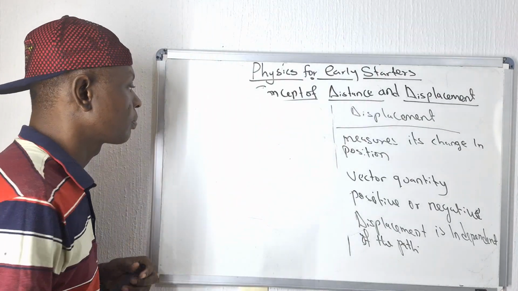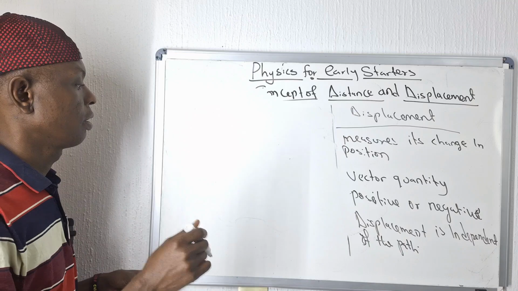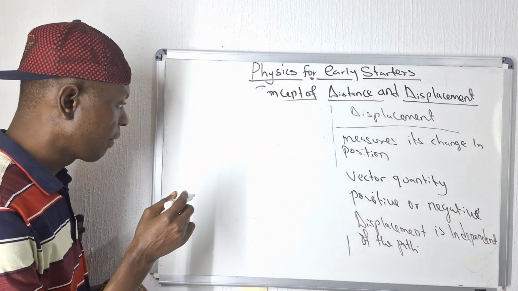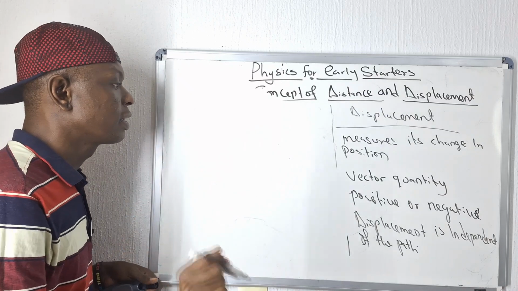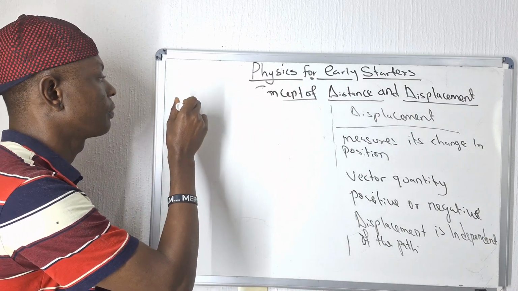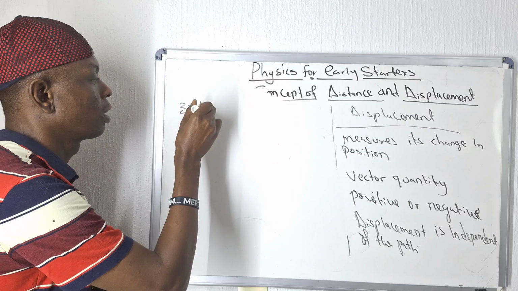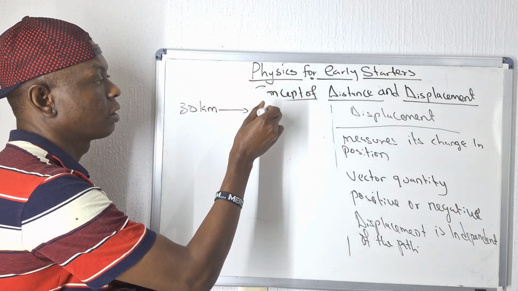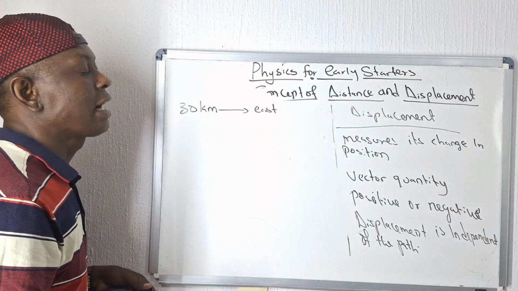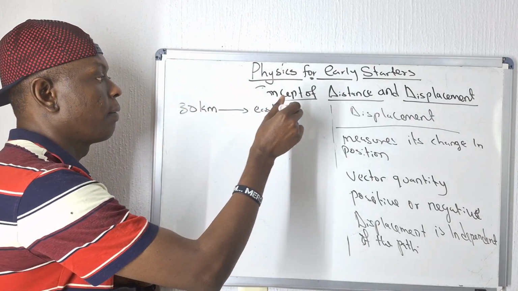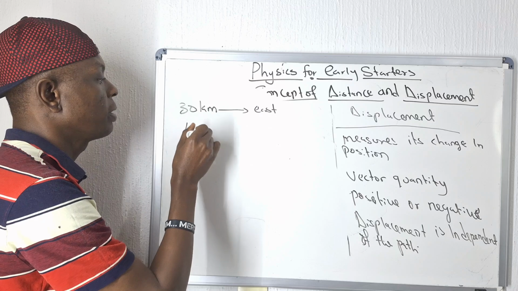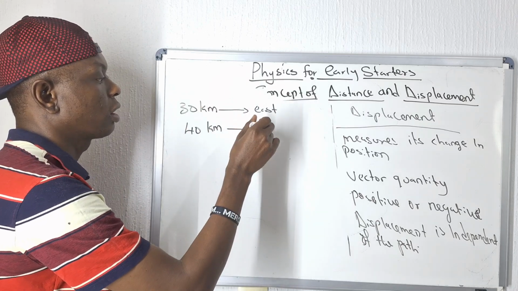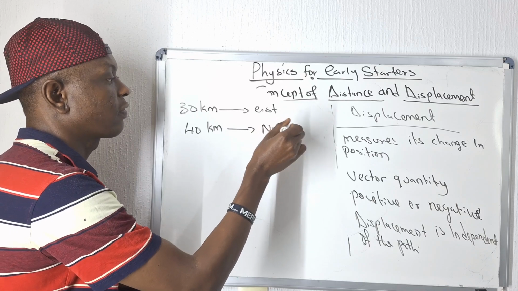Let's say that Obi, I like using that name Obi, I don't know why, travels 30 kilometers towards the east, and then 40 kilometers towards the north, which is his final destination.